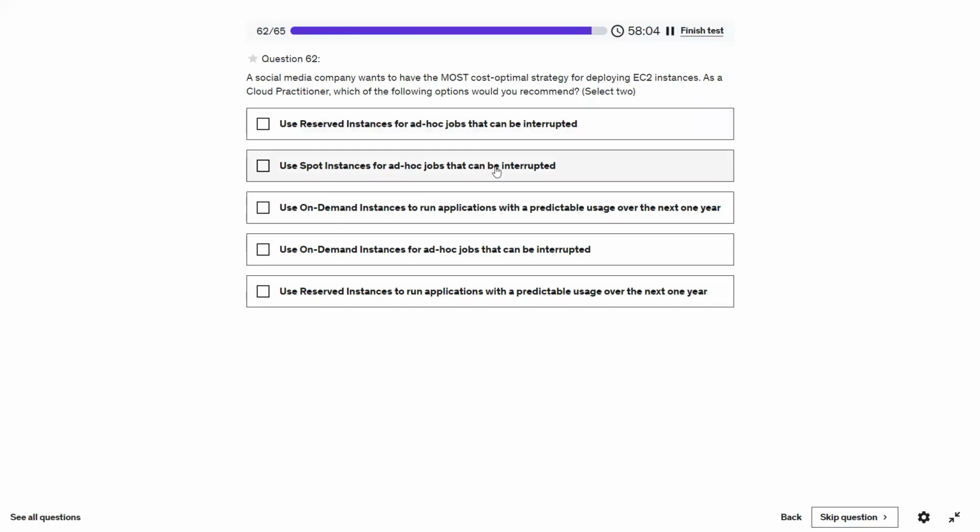Use spot instances for batch jobs that can be interrupted, correct. Use on-demand instances with predictable usage over the next 1 year. Now, if we know the 1 year usage, then we can go with reserved instances rather than on-demand. Use on-demand instances for batch jobs that can be interrupted, wrong. Use reserved instances to run an application with predictable usage for 1 year. That looks correct.